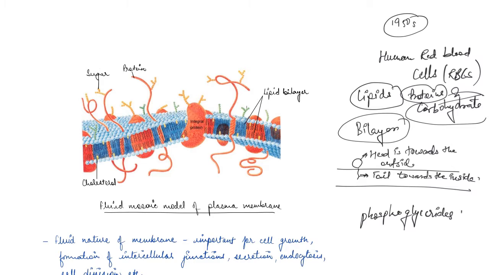Now, the ratio of protein and lipid varies in different types of cells, right? If we talk about human beings, the membrane of the erythrocyte, the RBC, has approximately 52% protein and around 40% lipids.